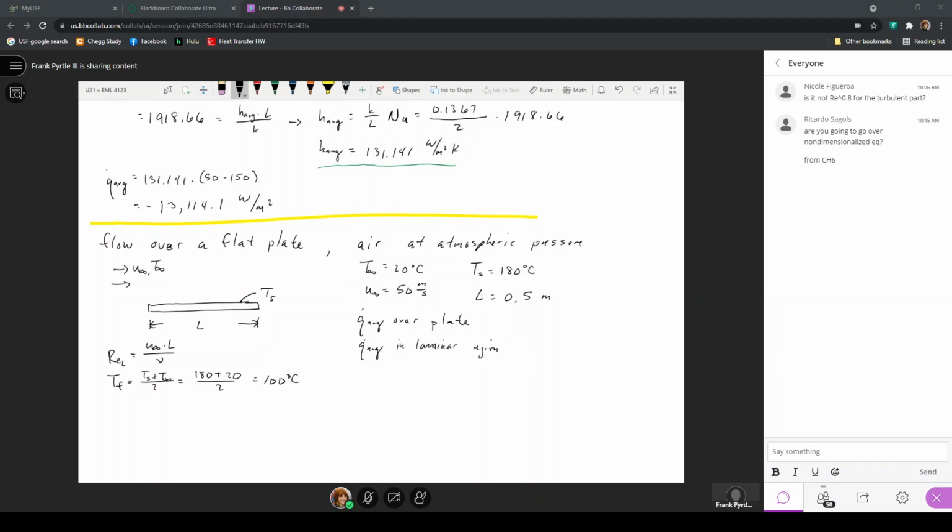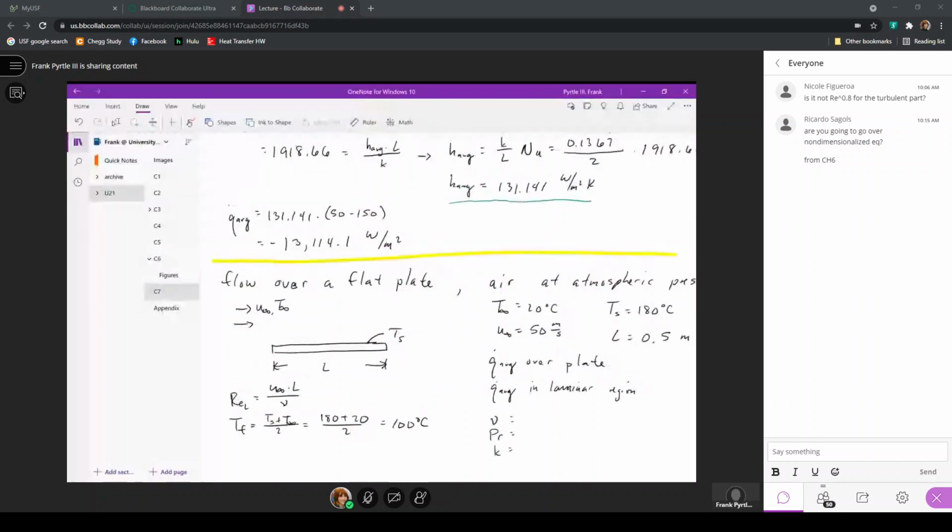But we would want to get the same properties, because in order to find the Reynolds number, we need the kinematic viscosity. And the Nusselt number correlations are going to be dependent on that Reynolds number that we calculate using the kinematic viscosity. To get that Nusselt number, we'll need the Prandtl number. And to go from a Nusselt number to a heat transfer coefficient, we'll need the thermal conductivity. So we'll still want to get all of those properties, the kinematic viscosity, the Prandtl number, and the thermal conductivity for air evaluated at the film temperature that is 100 degrees C.